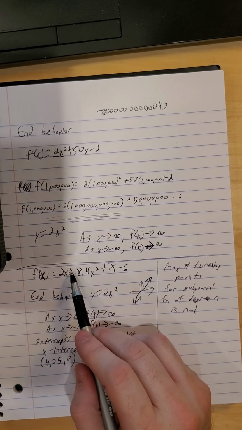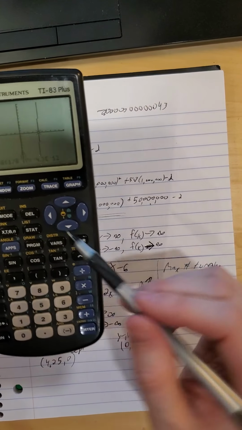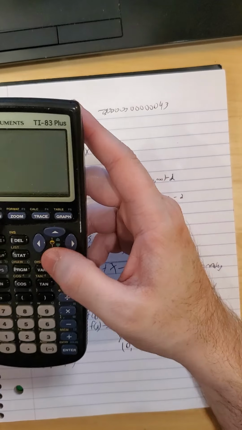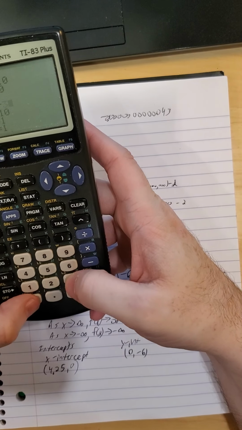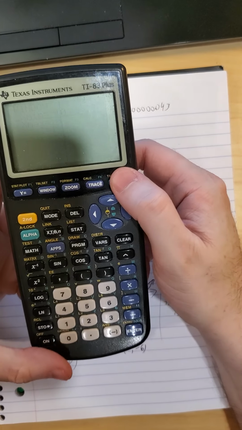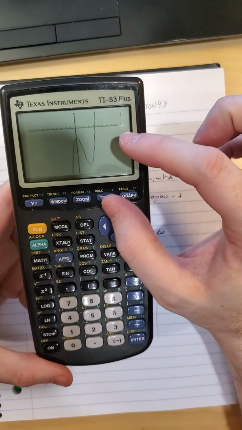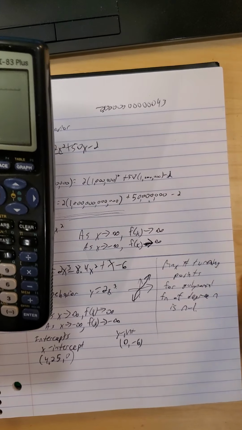So this was a third degree polynomial, maximum of 2 turning points. There's one here. I know there has to be one down here, and we can adjust our window to see it. So maybe -30. And we'll scale those by 5s instead. And now we have a little bit better picture of where those turning points are happening.